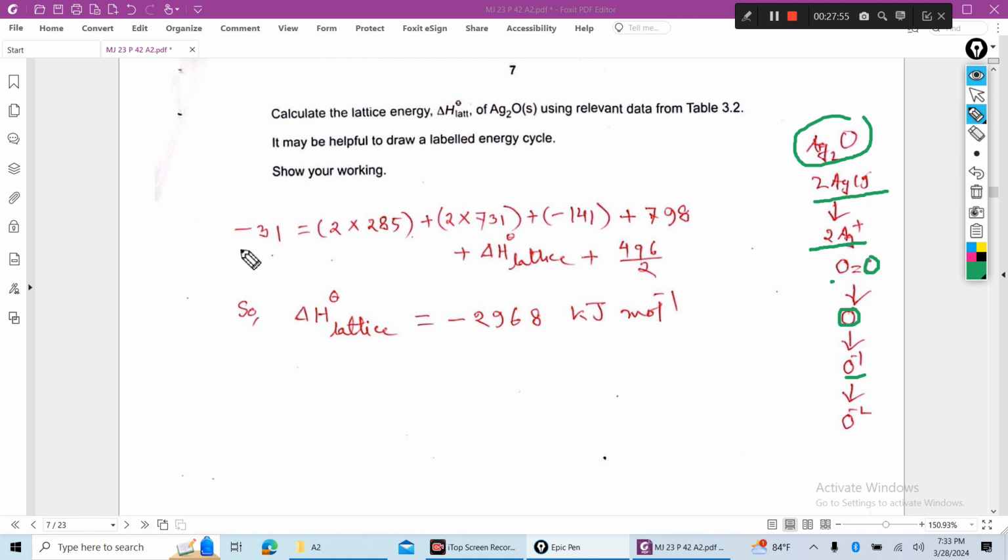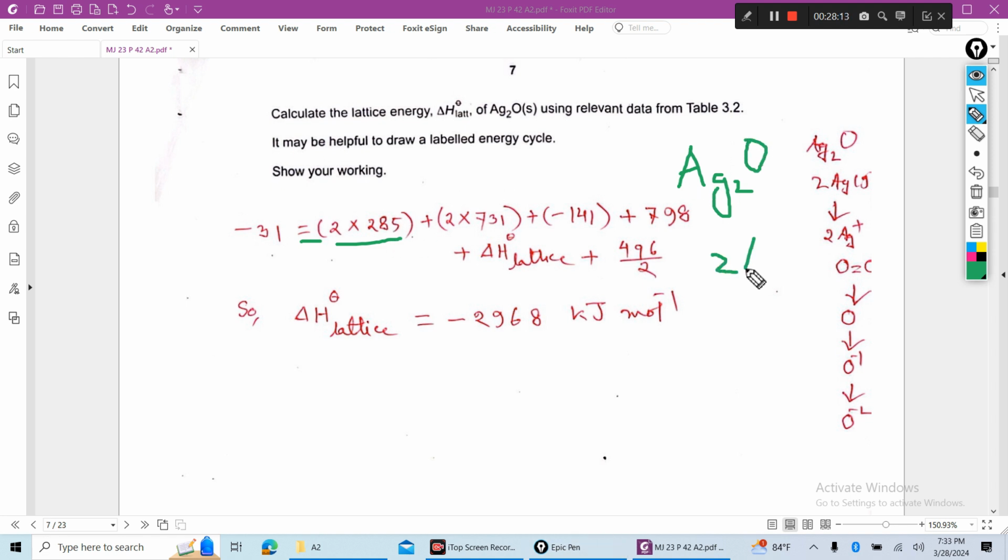So the enthalpy of formation value given, -31, equals 2 times 285, because silver oxide is Ag2O, so here 2 silver atoms will be formed.